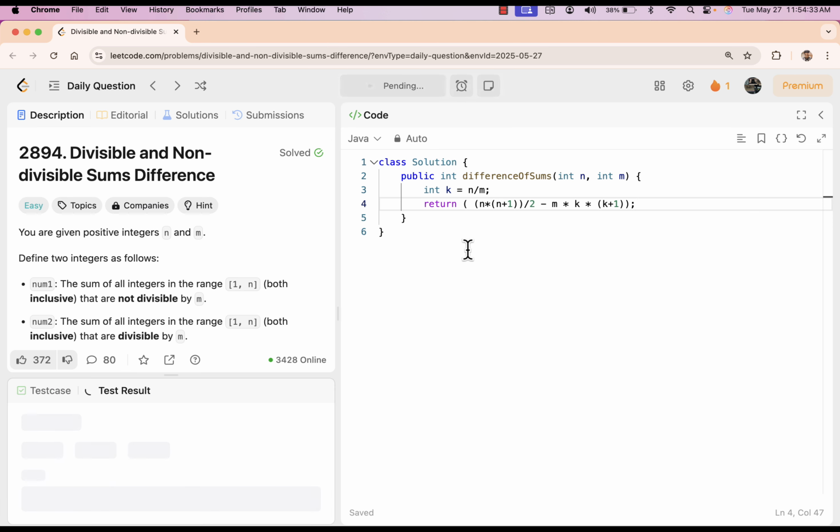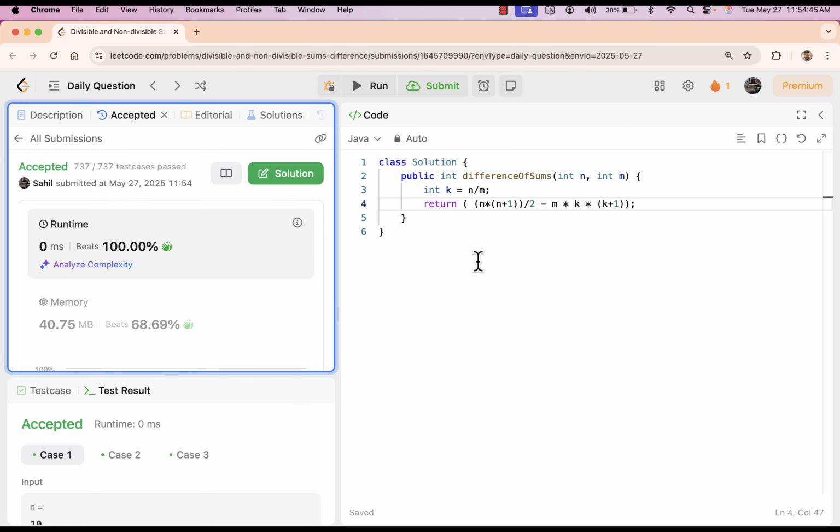Let's see if it is working fine. Sample test cases are working fine. I am submitting the problem. It got submitted successfully.